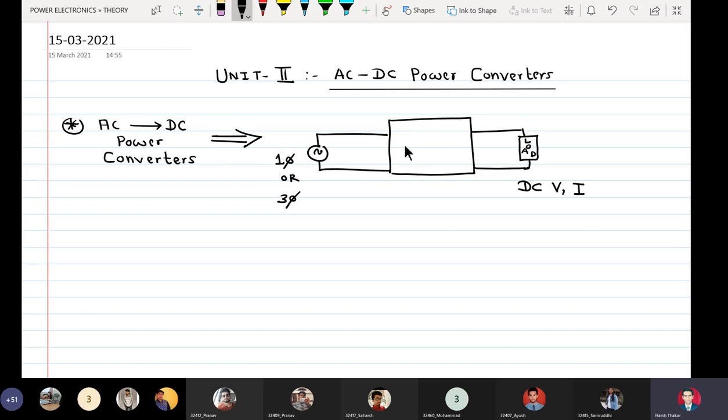That is why AC to DC power converters are represented block diagrammatically as a black box with this particular symbol. That is, at the input side, we have an AC signal which can be either single phase or three phase, and at the output it is a straight line, or DC.